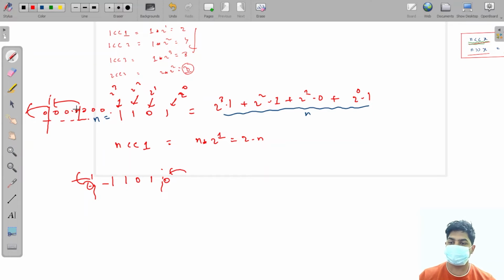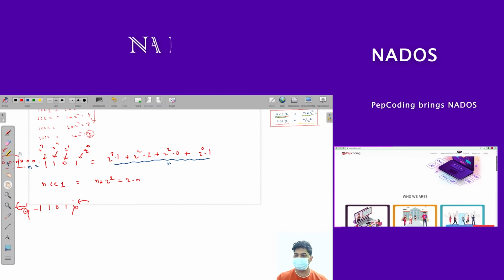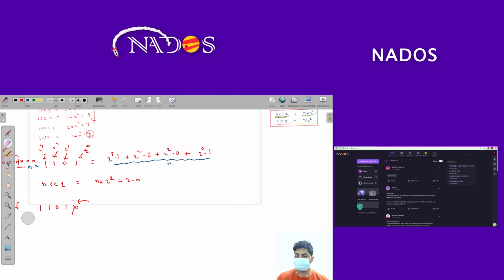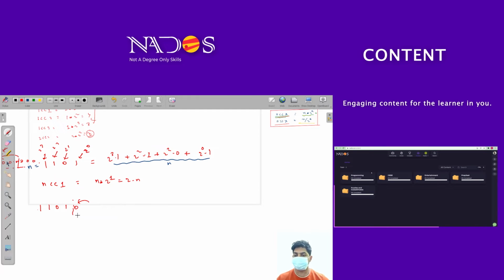This part is happening in the backend, but I have not written those 32 zeros here. For understanding, you can think of it like this. So this bit got discarded and a new bit got added from the back. Now if we want to convert it to binary, what will it be?